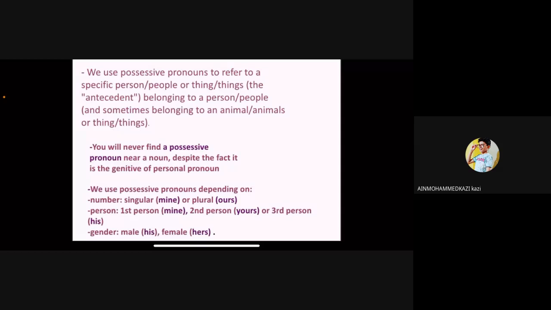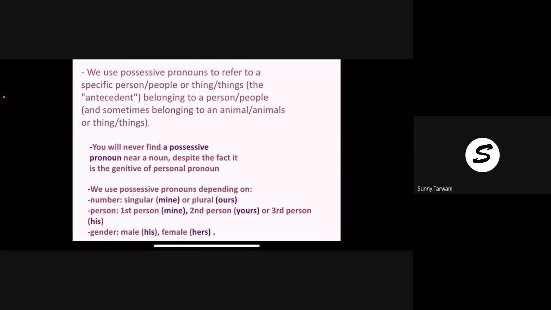You will never find a possessive pronoun near a noun, despite the fact it is the genitive of personal pronoun. We use possessive pronoun depending on number, singular mine or plural ours; person, first person mine, second person yours, or third person his; gender, male his, female hers. So you know what are possessive pronouns?